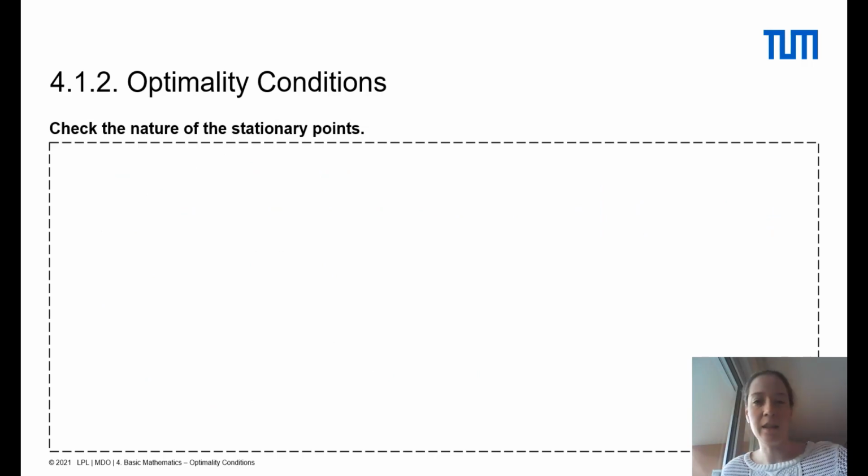Now we have to check the nature of the stationary points, so we compute the Hessian and evaluate it at the stationary points.